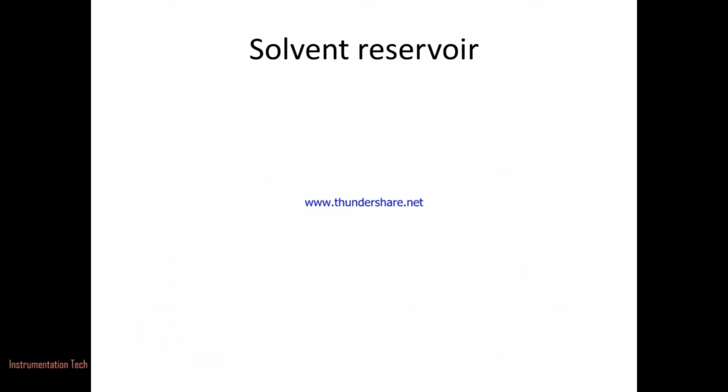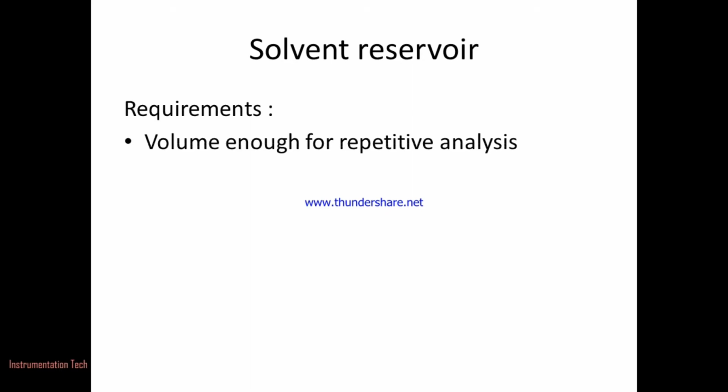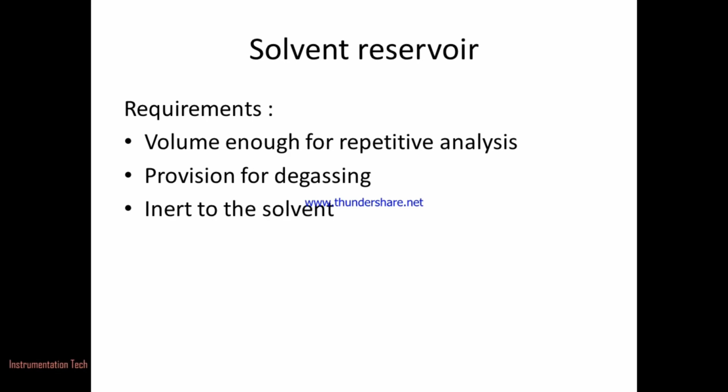Solvent reservoir. Solvent reservoir should meet the following criteria. First one, it must contain volume enough for repetitive analysis. It must have provision for degassing the solvents. It must be inert to the solvent.